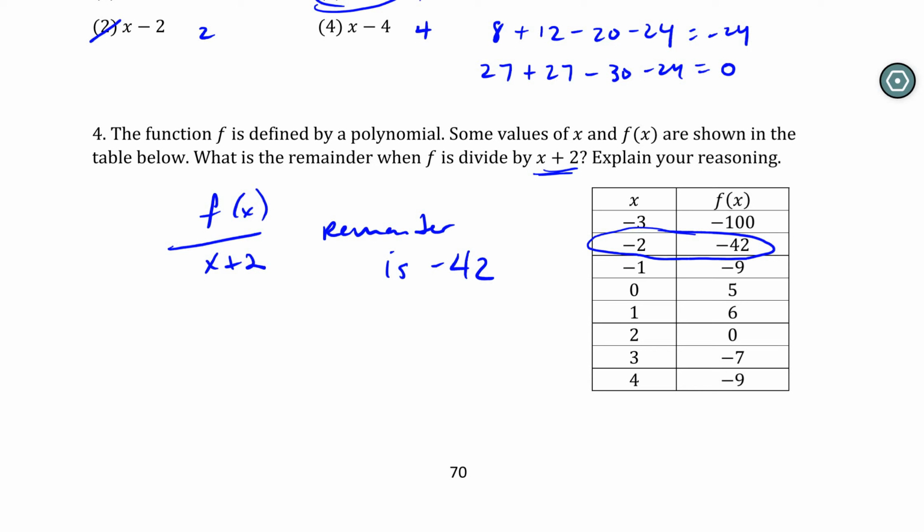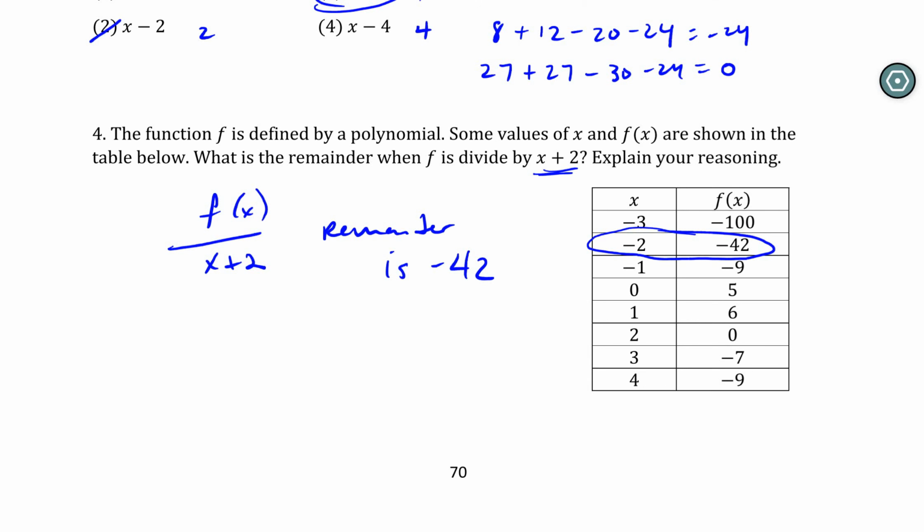I know all of that just from that one point. I don't need anything else there. And the reason why is because of the remainder theorem. So the remainder theorem says whatever number makes this binomial 0, well, that number when plugged into the equation generates the remainder. So instead of plugging it into an equation, I'm just finding it on the table. It's the same idea.